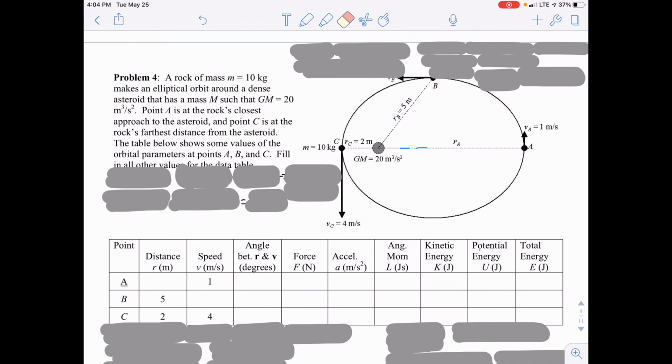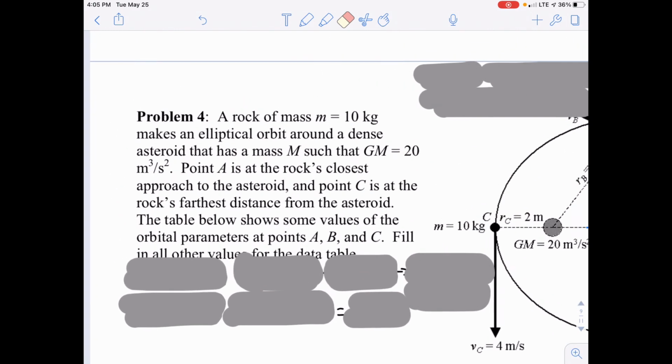Problem 4. A rock of mass 10 kilograms makes an elliptical orbit around a dense asteroid that has big mass M, such that G times big M is 20 meters cubed per second squared. Point A is the rock's closest approach to the asteroid. Actually, from the picture, that would be a typo. It's the farthest. Let's make that correction.